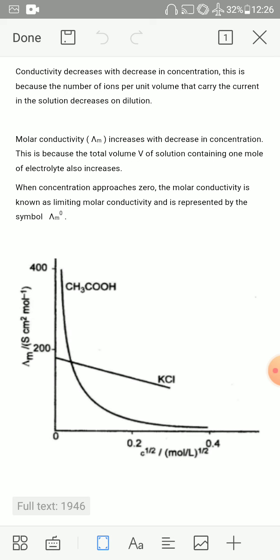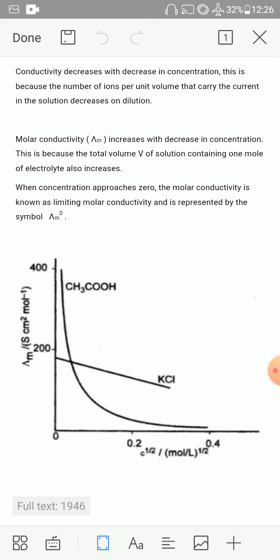For a strong electrolyte, that is KCl, you can see in the figure, lambda m decreases with increasing concentration, that is with increasing root C, in a straight line.